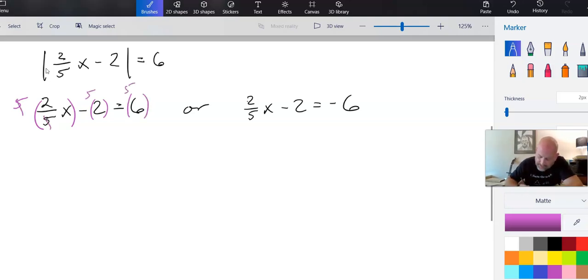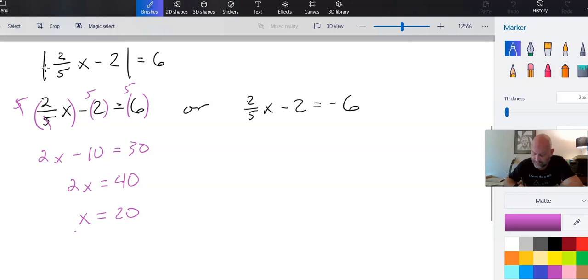So that cancels here. That gives me 2x minus 10 is equal to 30. If I add 10 to the other side, that gives me 2x is equal to 40. And then divide by 2, I get that x is equal to 20.